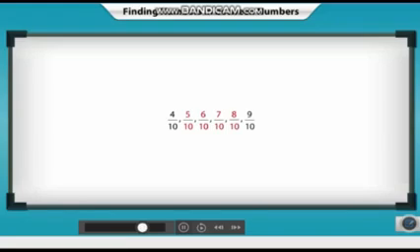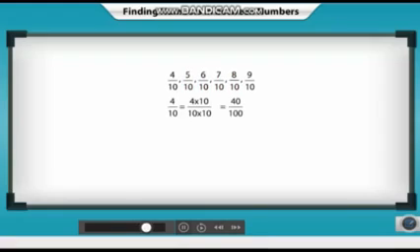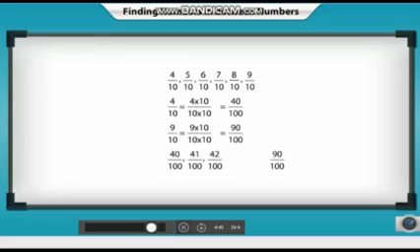But there are other rational numbers also. If we write 4 by 10 as 40 by 100 and 9 by 10 as 90 by 100, then there will be more than 4 rational numbers between them.